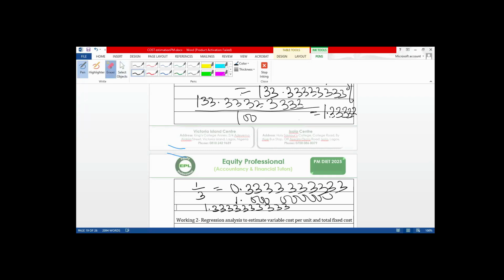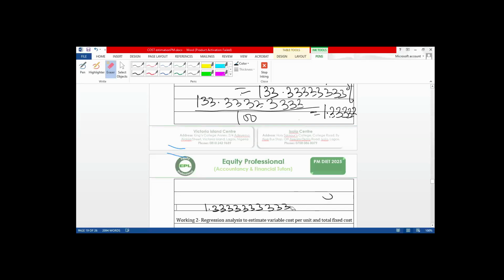So this is what you're going to use to multiply. If you look at your labor cost in year 1, you have 27 multiplied by 1.33333333. That will give you 36. Look at your labor cost in year 2. You have how much, please?